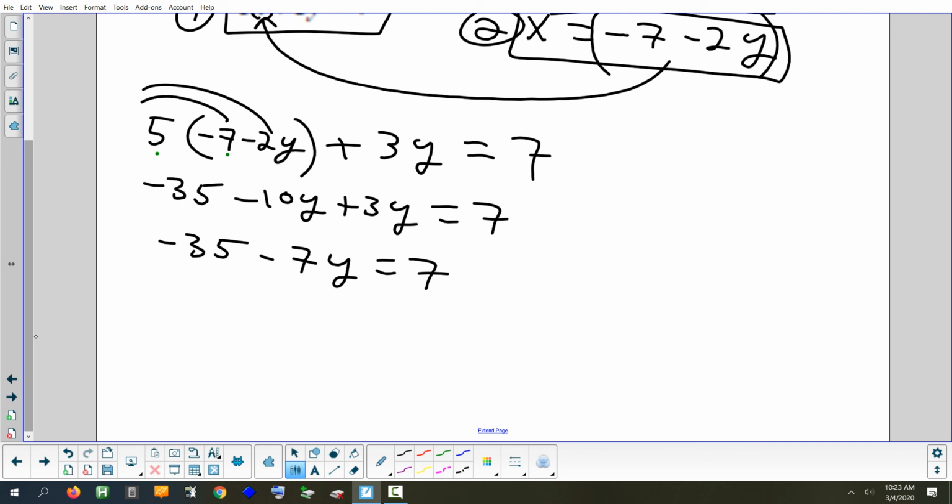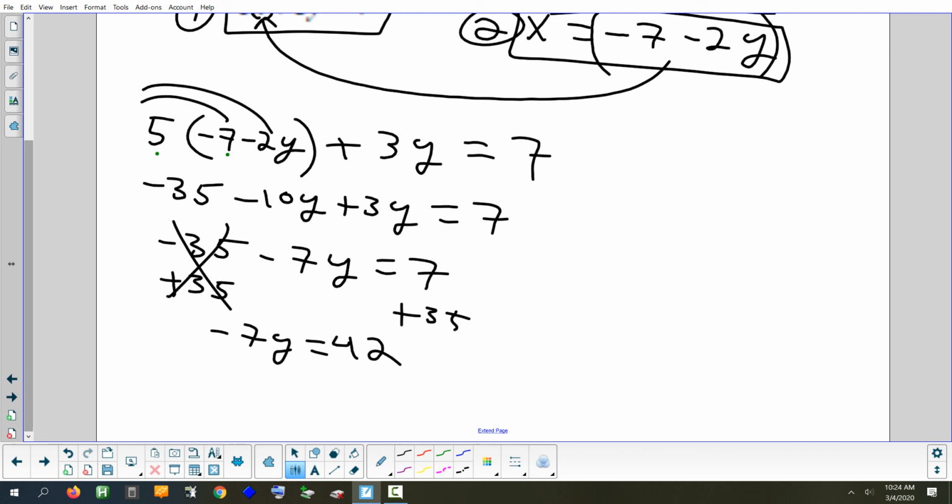Okay, and let's see, we're getting there. Next step in this equation. We have two steps left. Yep. Good job. Add 35. So -7y equals, what's 35 plus 7? 42. Yep.